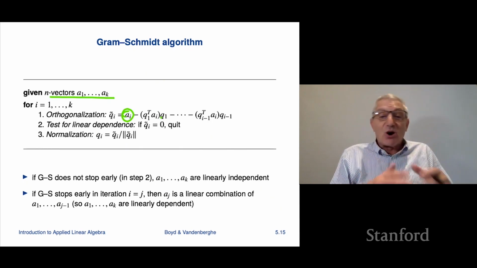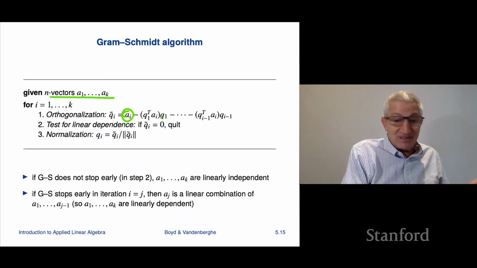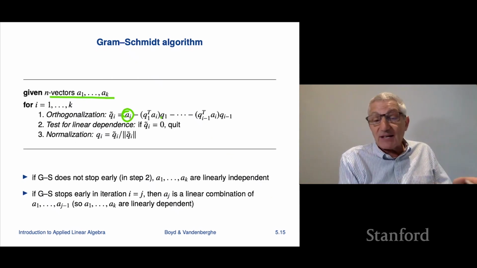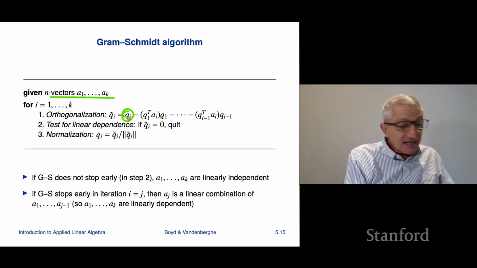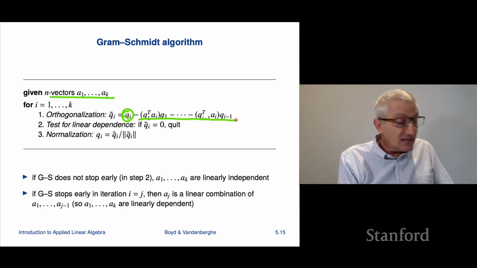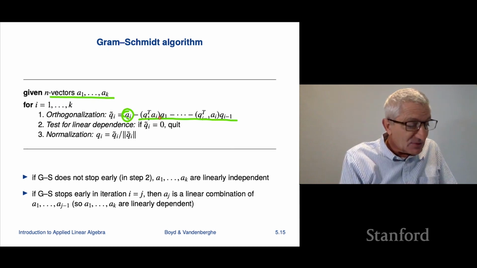Typically, a set of q's are orthonormal vectors. By the way, the same goes for u's and v's; it is just convention. So in this case, it's following the convention. It's going to generate a set of vectors q1, q2, and so on, which are orthonormal. So here's what's going to happen. You're going to take ai, and you are going to subtract from it the inner product of q1 and ai. Well, that's a number times q1, and so on.